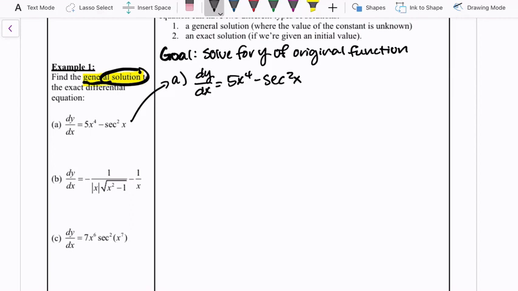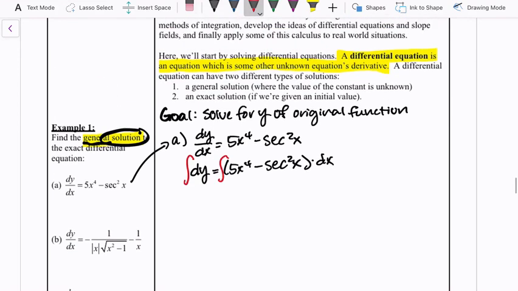I know that it's not a fraction, but it behaves like one. So we can split this up, and I'm going to multiply the dx over to the other side. So dy is equal to 5x to the 4th minus secant squared x times dx. Once I have that, I'm going to integrate both sides.